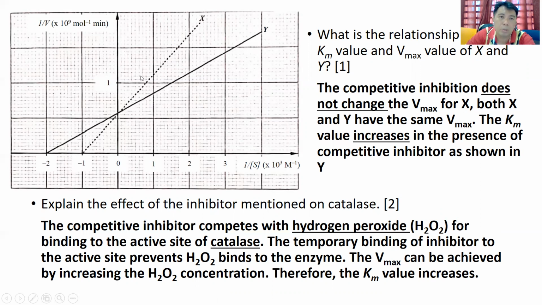But the Km value increases in the presence of a competitive inhibitor, as shown in Y. Explain the effect of the inhibitor mentioned on catalase.